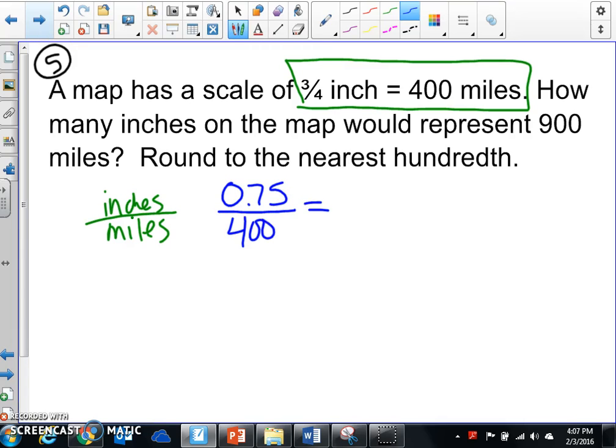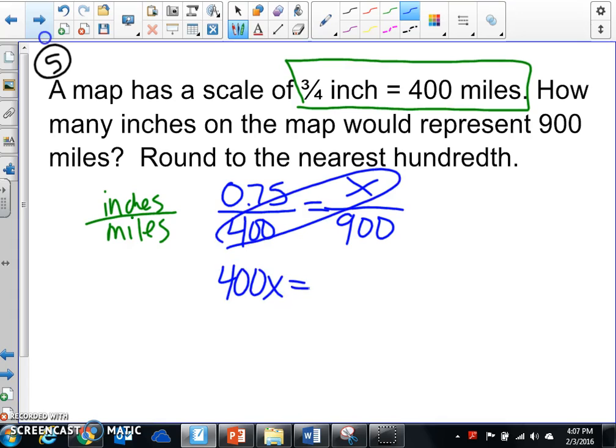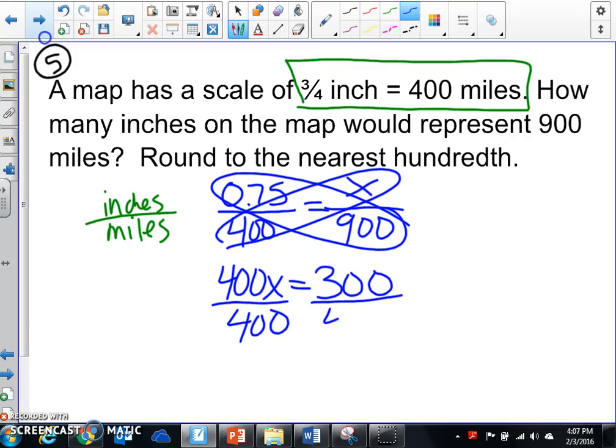How many inches on the map would represent 900 miles? Miles is on the bottom, so 900 miles, and then over x. Now I cross multiply. 400 times x is 400x. 0.75 times 400 is 300. And then I divide both sides by 400.